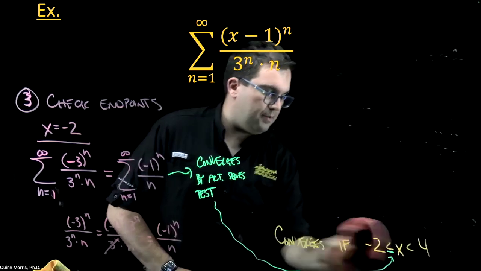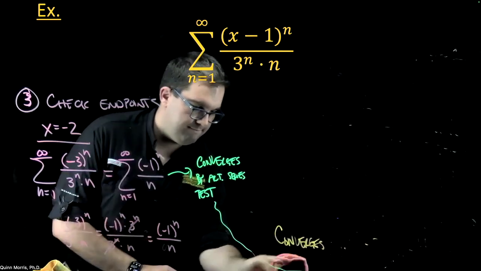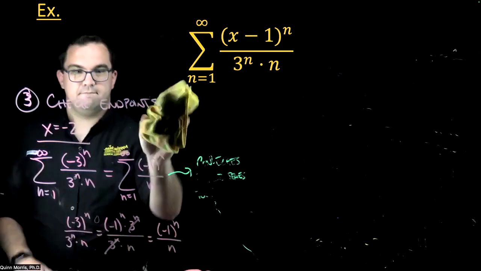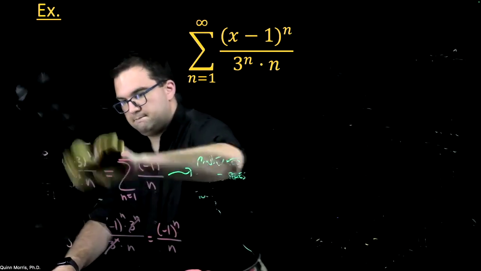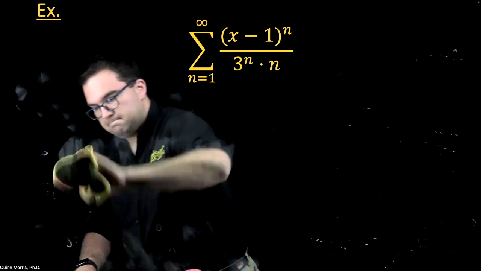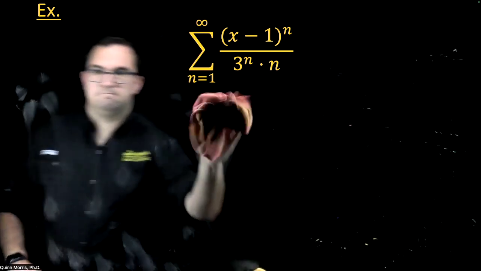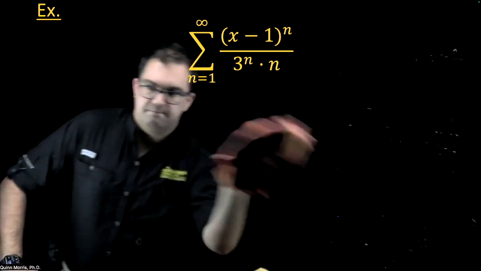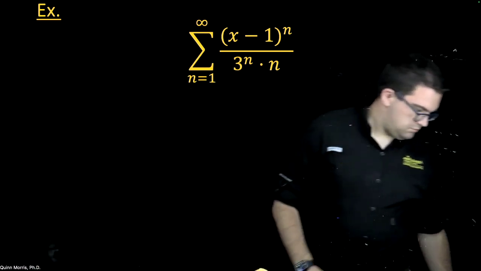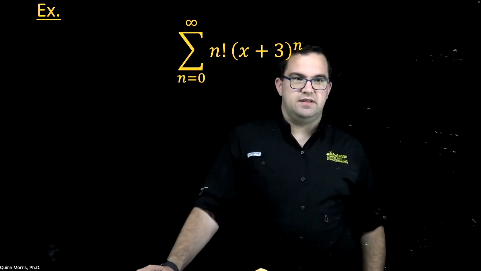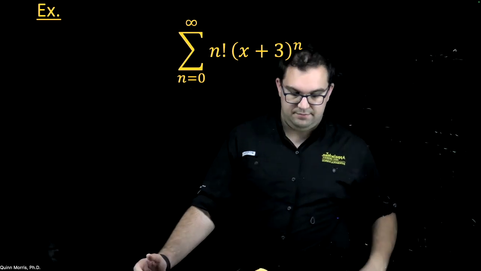All right, let's look at one more example together. Let's look here at the series sum n equals 0 to infinity of n factorial times (x plus 3) to the n.